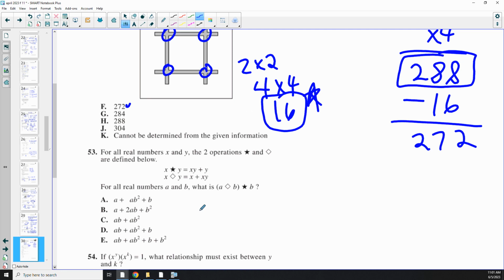Oh, the famous star operation. So this means A triangle B, or A whatever that is, diamond.